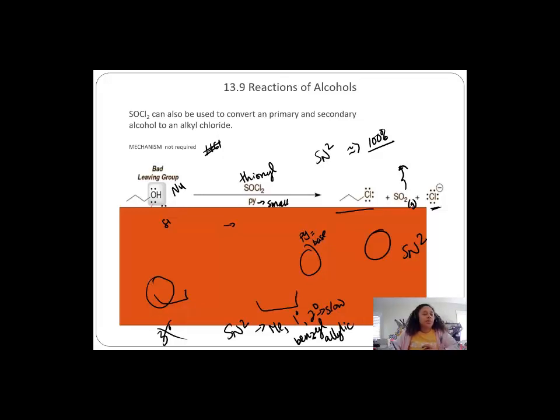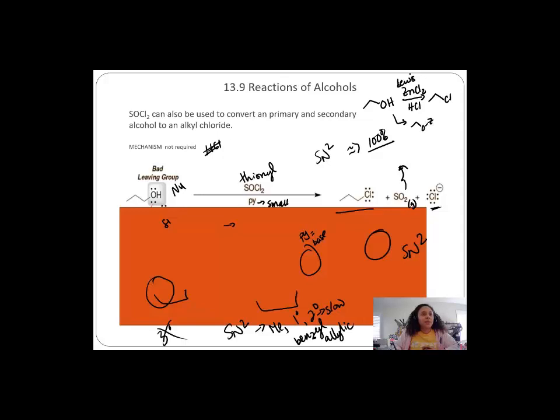Now, another way that we could do these kinds of reactions, it's not as effective, but sometimes people use zinc chloride as a Lewis acid instead of doing a protonation, and then follow that up with your chlorine. I'm going to show you step by step.